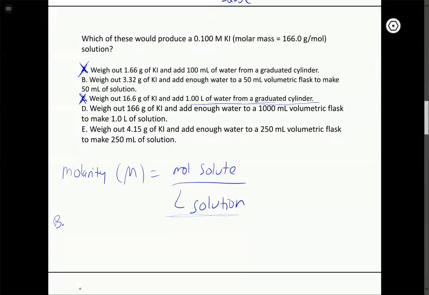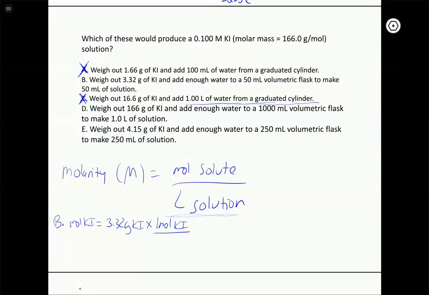For each of these we're going to take the mass and divide by the molar mass. So for choice B, the moles of KI, we have 3.32 grams divided by 166.